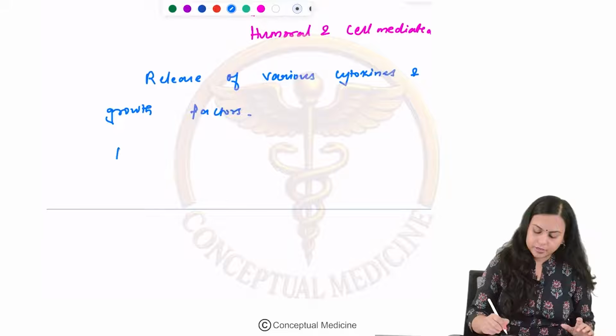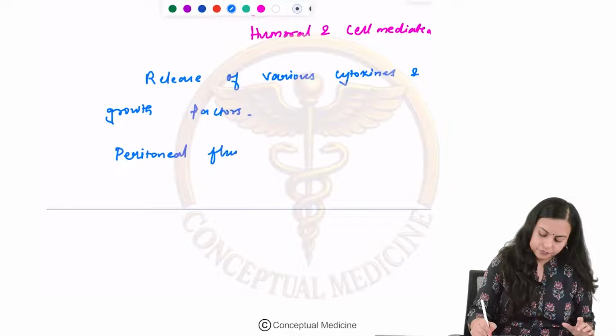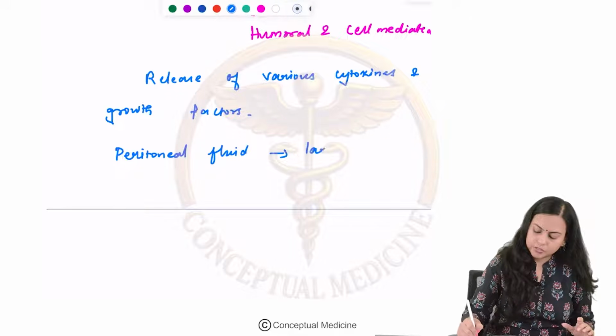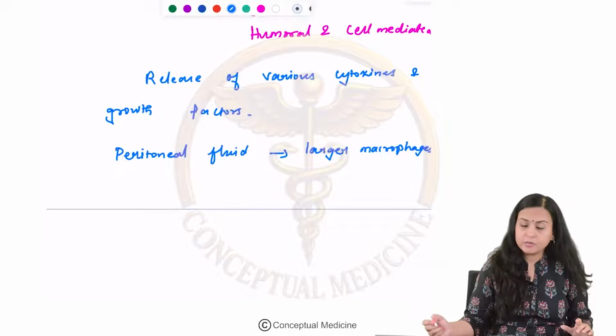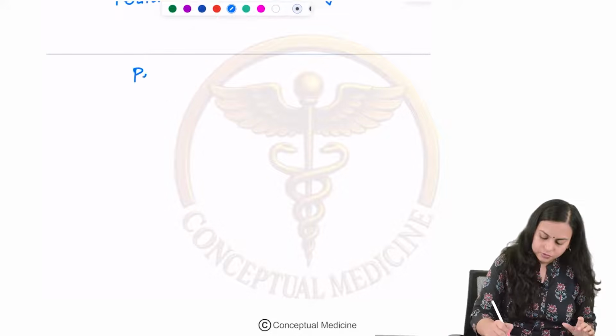If you see the peritoneal fluid of these women, it will have larger macrophages that will secrete multiple growth factors and cytokines.